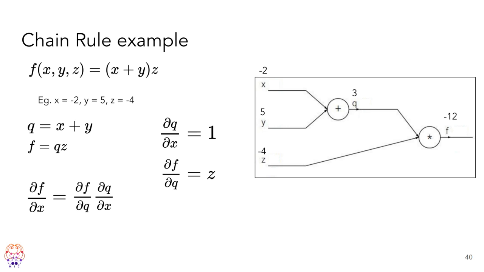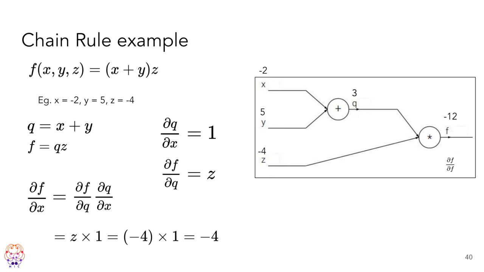And similarly, we do that for df/dq, and we get z, because in this case, z is a constant multiplied by q, and so we get z back. All right, so if we want to finally get the value, we say the value for this is 1, or z, and the value for this is 1, so we multiply that. We substitute for z, and we get -4.